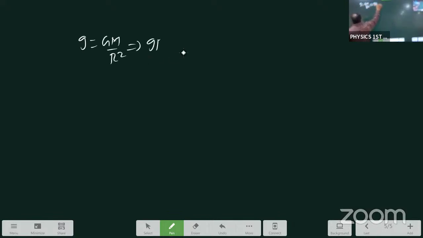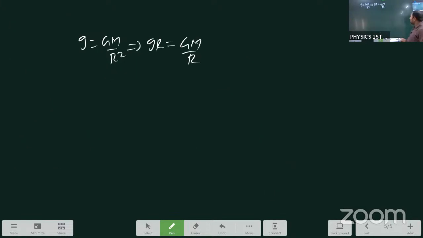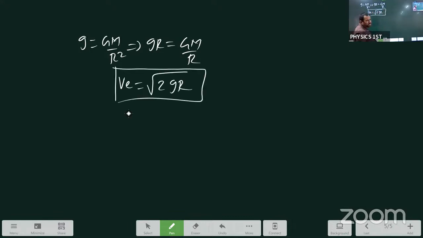So we write gR equals GM by r. Everywhere, GM by r, the capital G in terms of small g, so GM by r equals gR. So this equation becomes under root of 2gR. This is escape velocity.